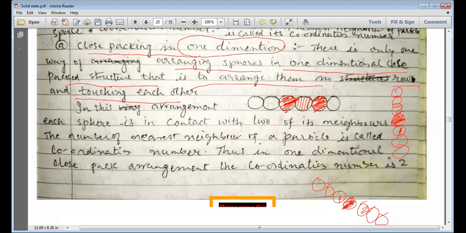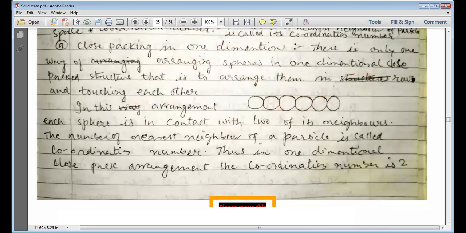So my dear students, if we arrange the constituent particles in one dimension, then they can have a coordination number equal to 2.